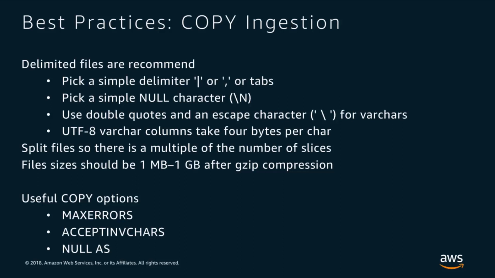One other note I'll make is that UTF-8 characters, if you're storing those, they actually take up 4 bytes per character in Redshift. And when you declare a varchar column in Redshift, the length is actually bytes, not the length of characters.